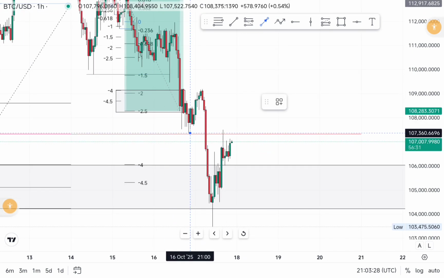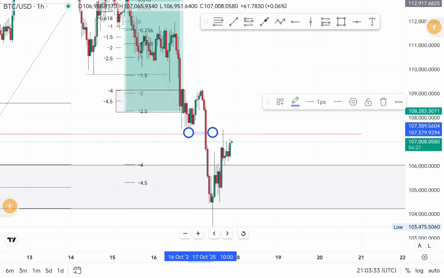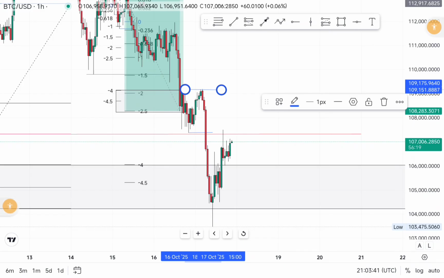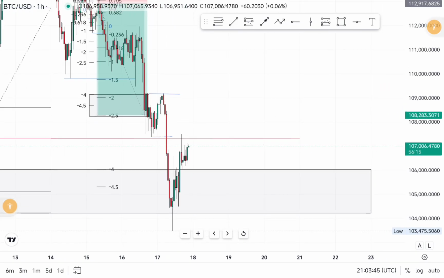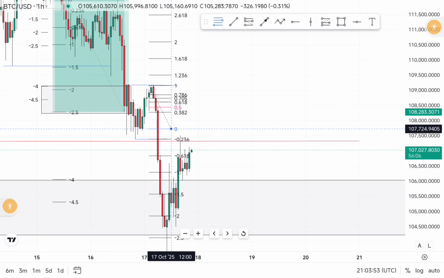So we draw our recent low and our recent high, and we wait in which direction the price is going to head towards.